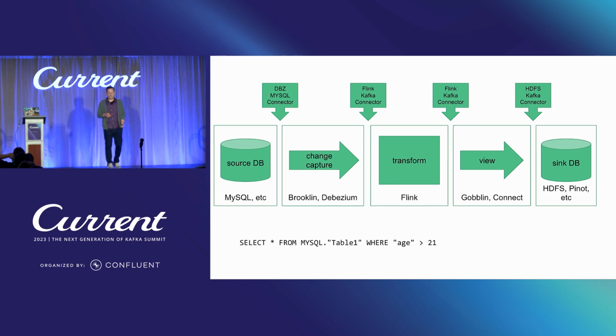Probably a lot of people in this room have configured all of these things and got these pipelines running, and they work. But there's a lot of manual stitching and wiring things together. And at the end of the day, what we've implemented by hand is just this subscription: select star from MySQL table 1 where age is greater than 21 or whatever.